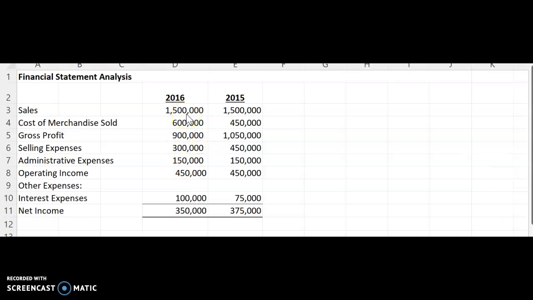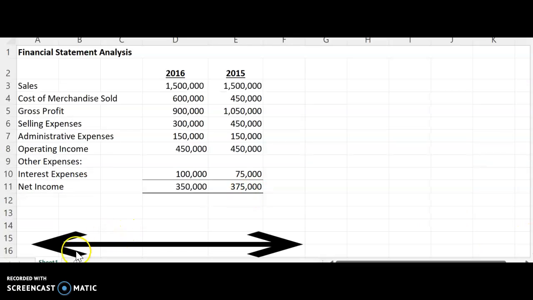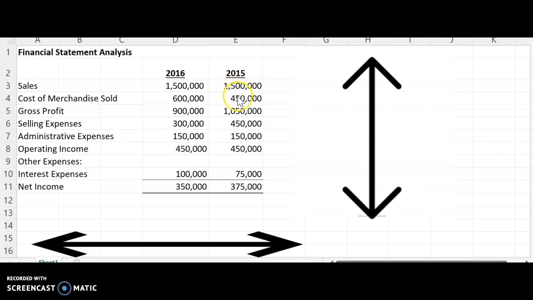So let's look and see all the ways we can compare. First, we can compare horizontally. And when we compare horizontally, that means we're comparing from year to year. We can also compare vertically, and that is when we compare items in a statement to one another.